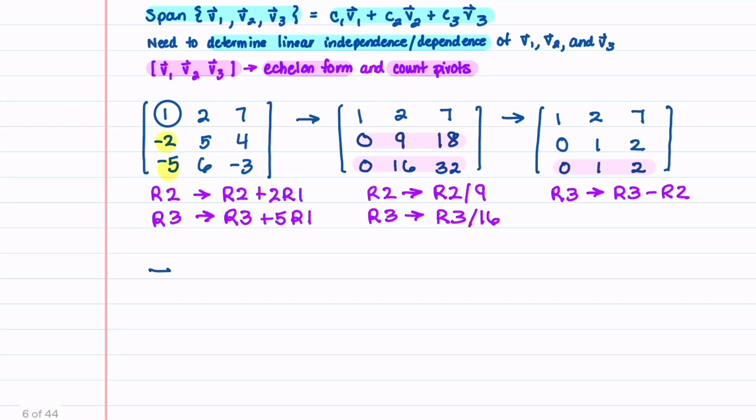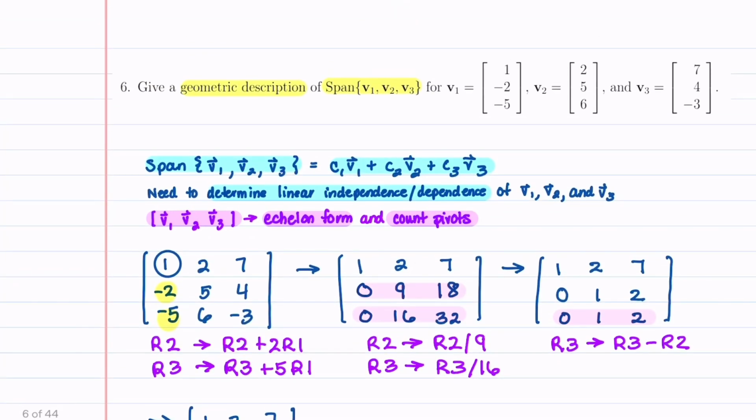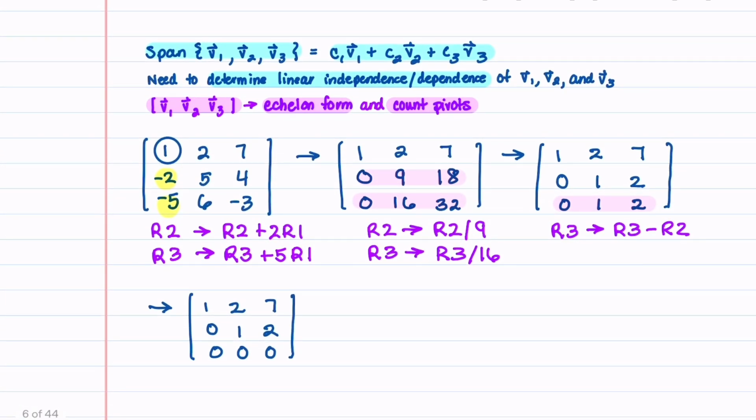Let's go ahead and write that down. Our first two rows are the same. So we have 1, 2, 7, 0, 1, 2, and then 0, 0, 0. Now, what we're after is the geometric description. So that means we have to know how many of the vectors v1, v2, and v3 are linearly independent.